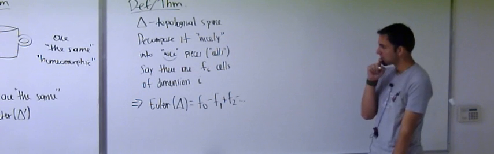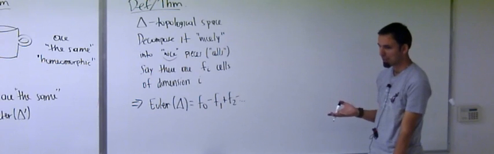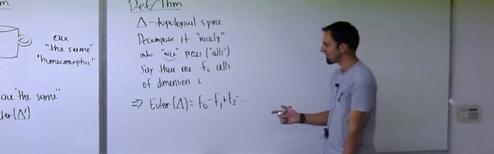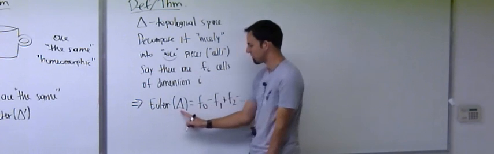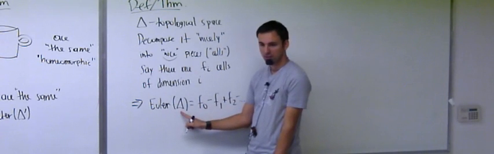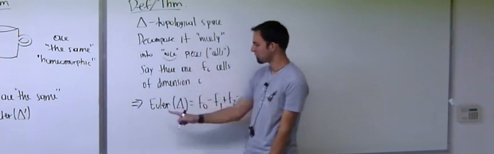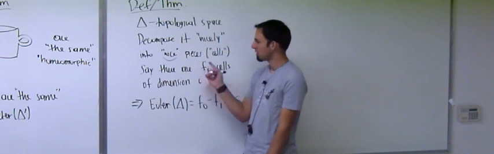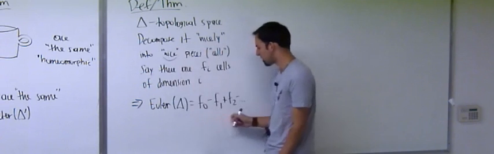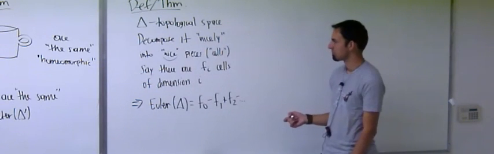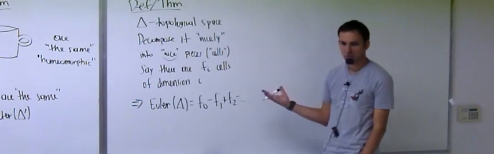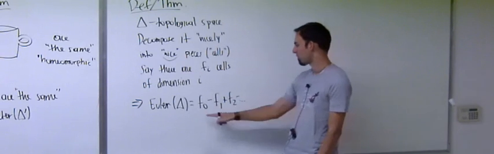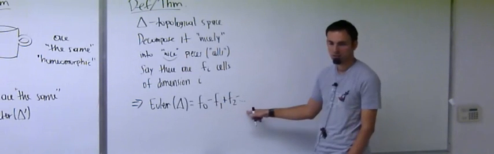Okay. But what kind of a definition is this? I mean, this is a function of the space. And I said, okay, cut it up and do something and get a number. But how on earth would I know that different decompositions are not going to give me different answers? A priori, there's no good reason for you to say, of course this number doesn't depend on the decomposition.